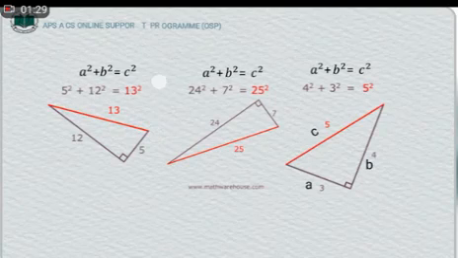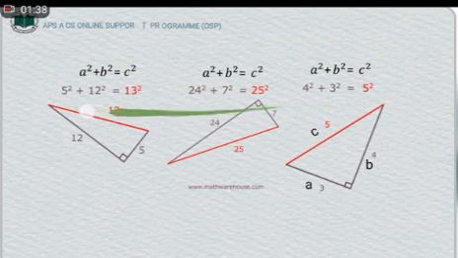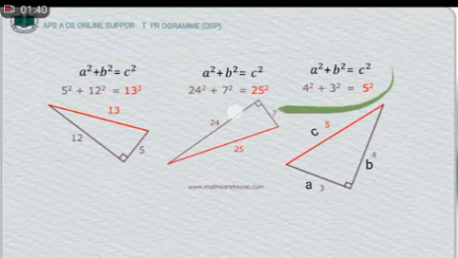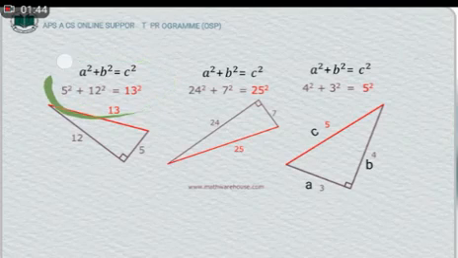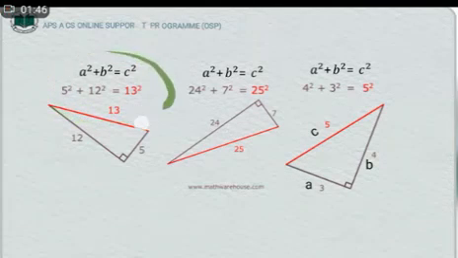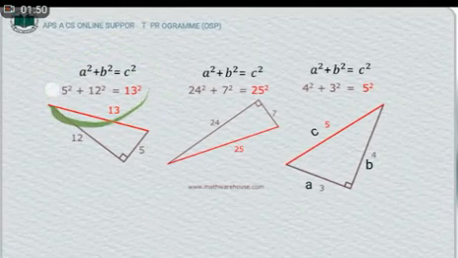So applying Pythagoras theorem using the length of the sides, where c square is equal to a square plus b square. In the first example, c is 30, a is 5 and b is 12.